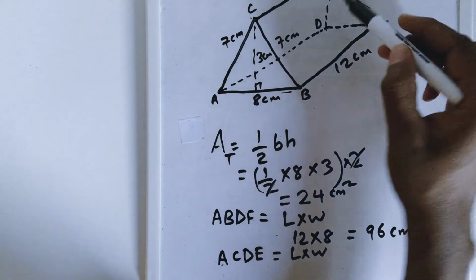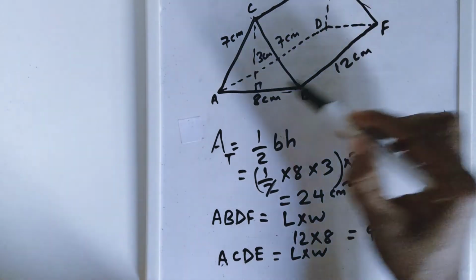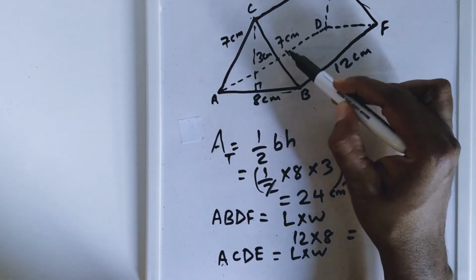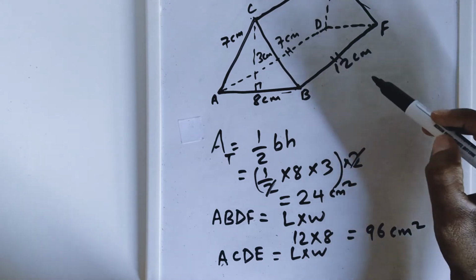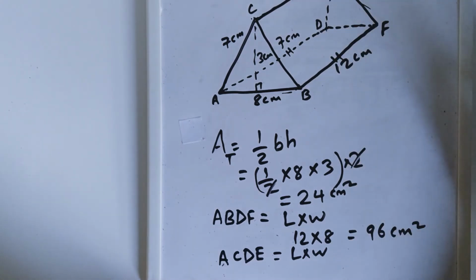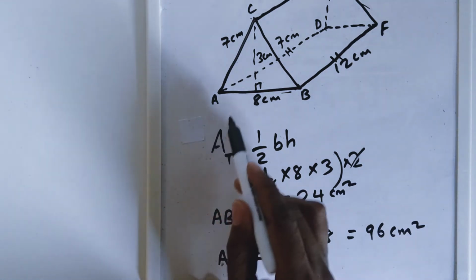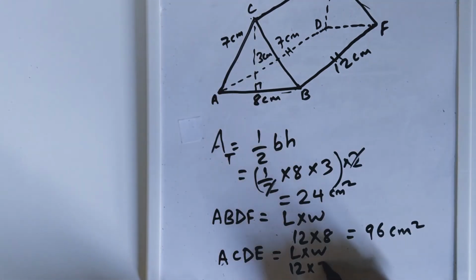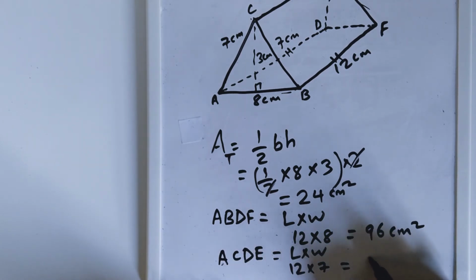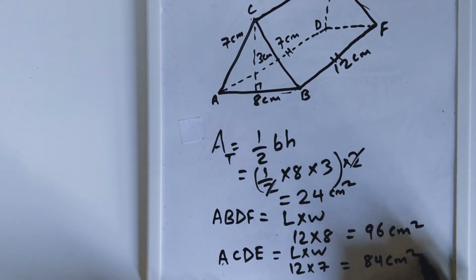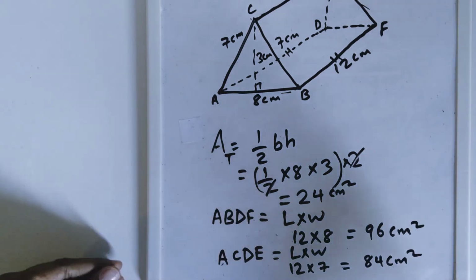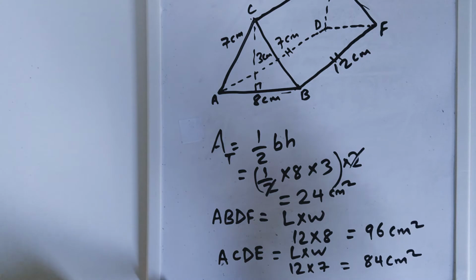The length of that is the same as the length of this rectangle, which in that case is 12, multiplied by the width, which is 7. So 7 times 12 is 84 centimeters squared.